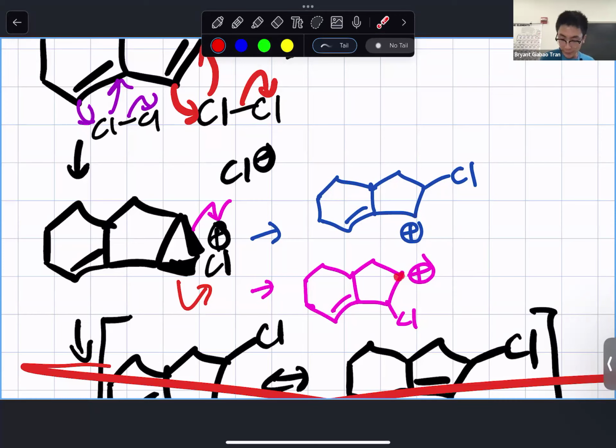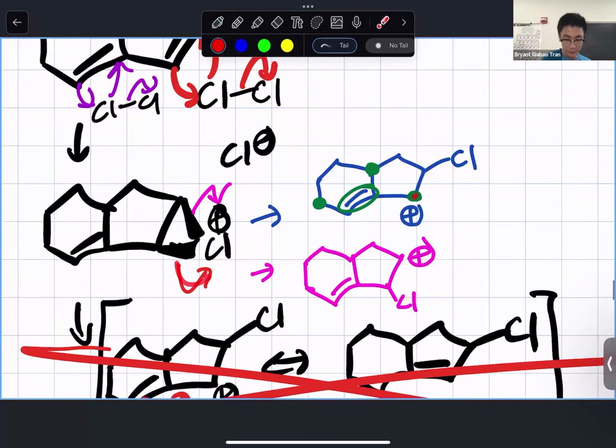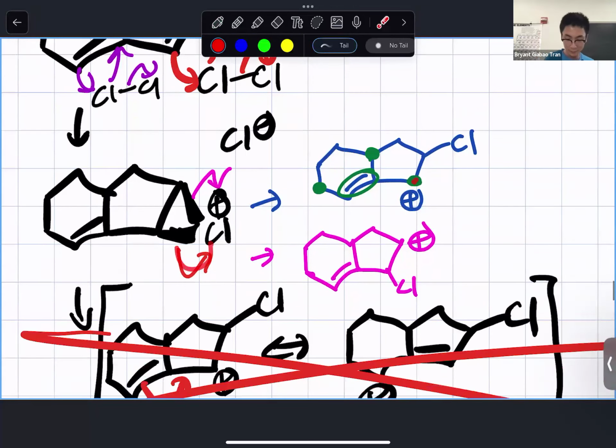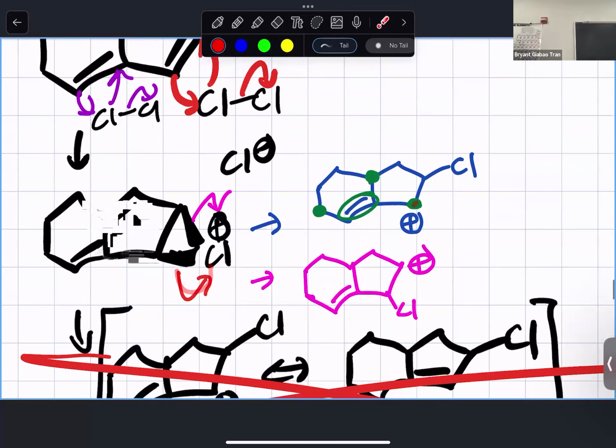Right, the bottom one here, this carbocation is too far away from the double bond here. The top one, the double bond is here. Right next to that are the allylic positions. So since we know this is the double bond here, the allylic positions are either here, here, or here. Right, we're looking for the more stable carbocation to break open the ring to make us the more stable one.